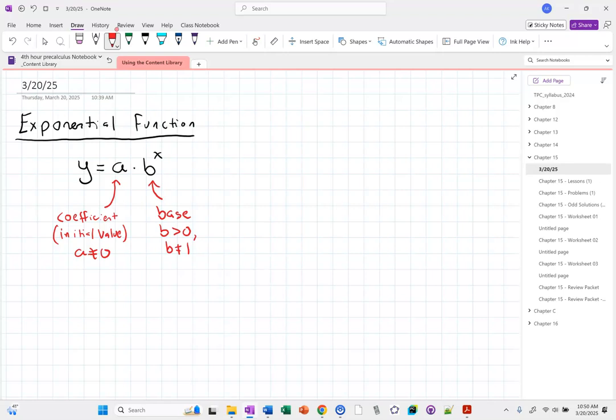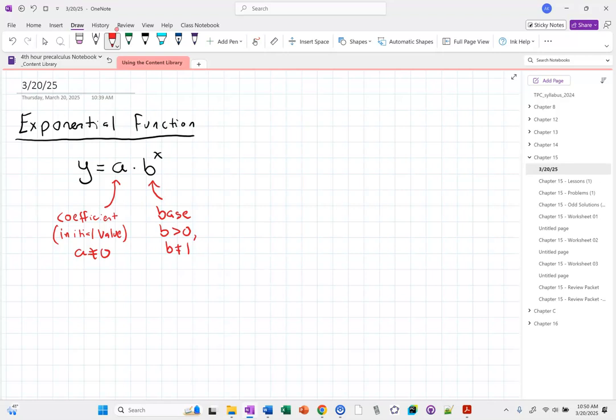We also don't want b to be negative, because remember, if x is a variable, that means x could be things like a half or a fourth or a sixth. Those represent even roots, right? Like square roots or fourth roots or sixth roots. And we can't take the fourth root or square root or sixth root of negative numbers.